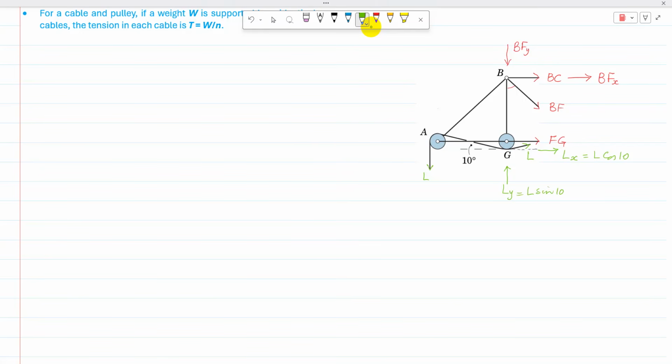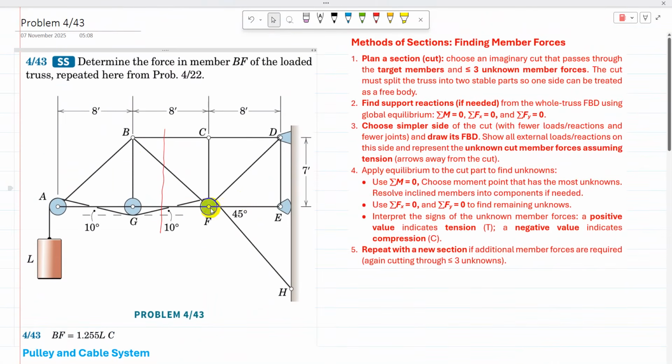To find the angle for BF, either I can find the angle or I can use the sides. If I draw a right-angle triangle for BF, the height of the triangle is 7 and the base is 8.